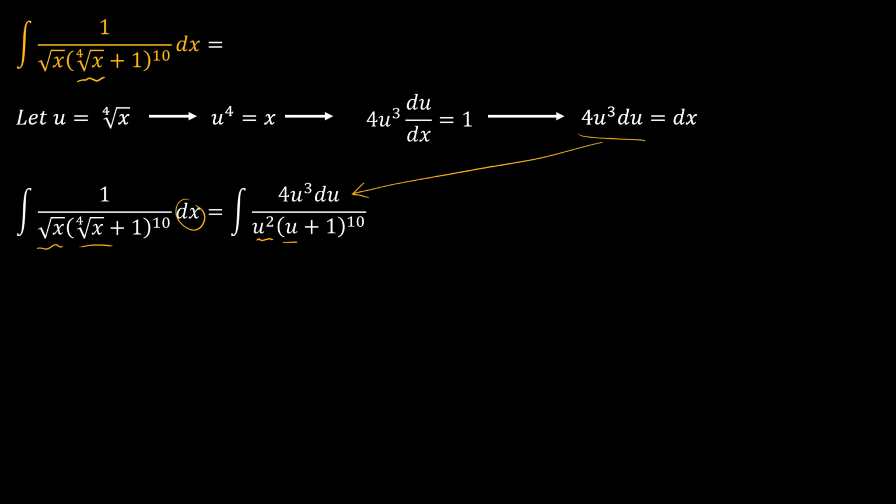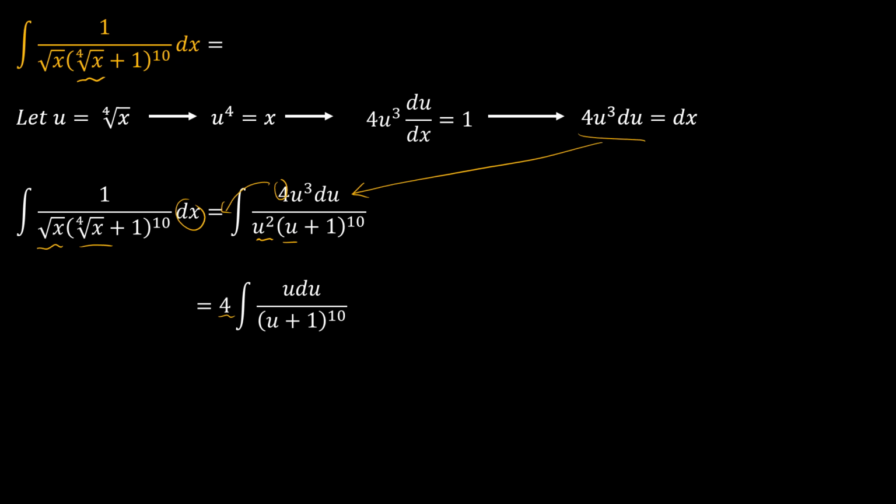That means that the u to the power 2 in the denominator and u to the power 3 interact, and actually this constant gets moved out, so we have 4u over u plus 1 to the power 10.